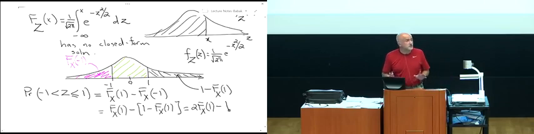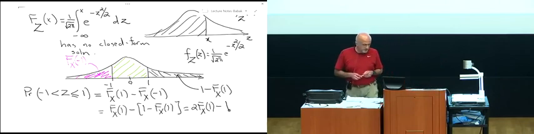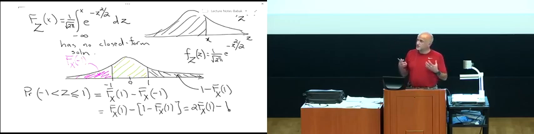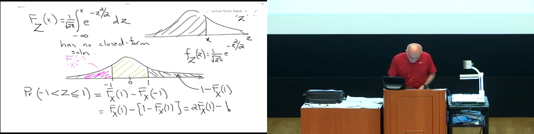Is everybody here? I'm using the symmetry in the Gaussian to figure out areas that I'm interested in. I want to figure out the probability that I'm within 1 standard deviation of the Gaussian. Let's go to the table.